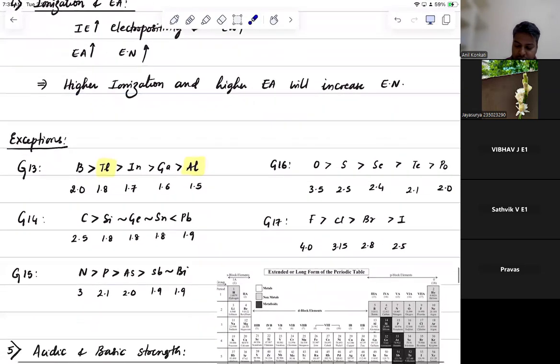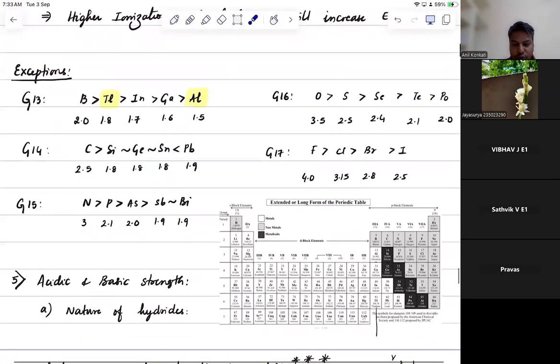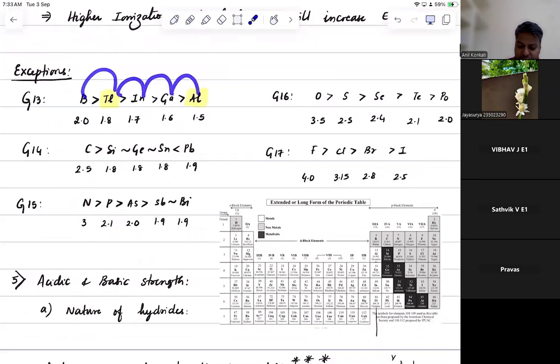Now quickly go through the groups and how the electronegativity varies. In group 13, boron is slightly more than thallium, then indium, gallium, and aluminum. Aluminum will have the least electronegativity. Remember that. In group 14, carbon is greater than silicon. Silicon, germanium, and tin are almost the same. Lead will be slightly higher.